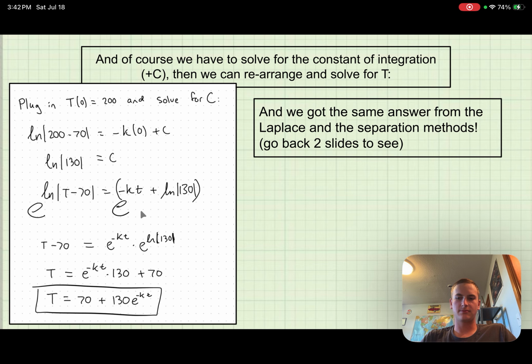Take the exponent of it to get rid of the natural log. This side simplifies, it's just a constant, and then you get this. Oh, look at that. That versus that. It's the same. That's good. That's what we're hoping for.